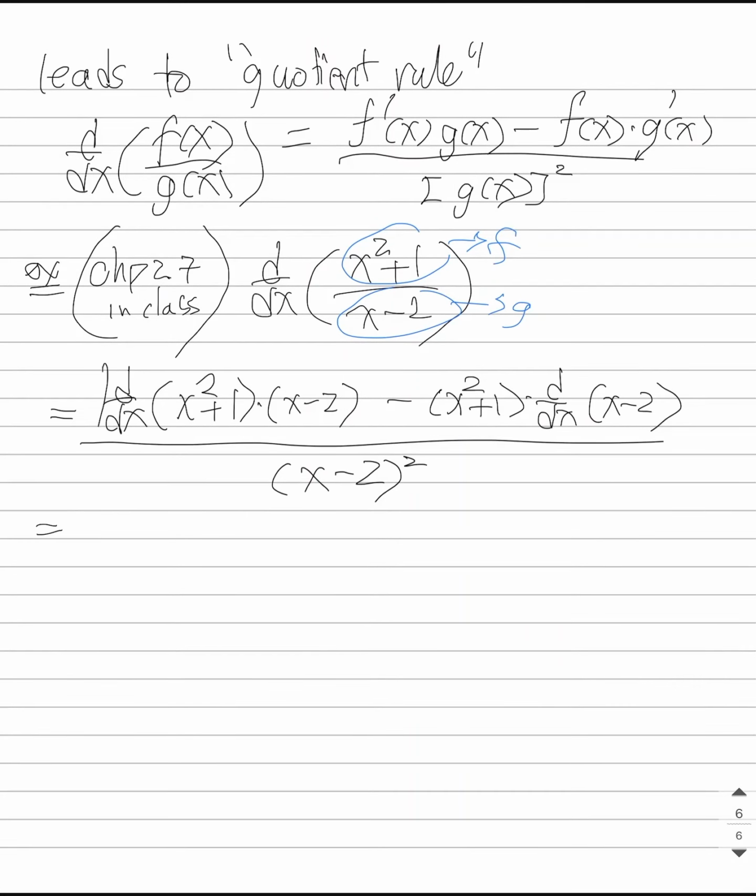The derivative of x squared plus 1, you can use the linearity rule. It's going to be 2x plus 0, so all we need right is 2x. So we'll get 2x times x minus 2, subtract x squared plus 1. The derivative of x minus 2 just ends up being a 1.